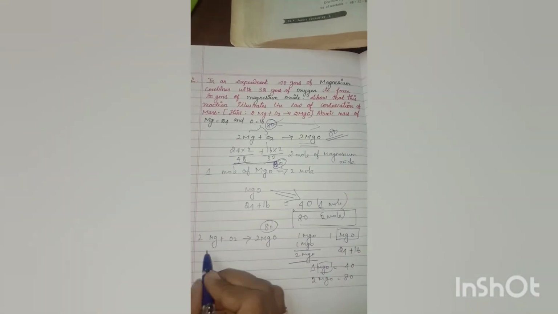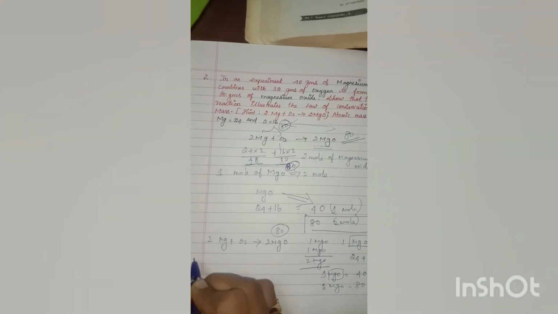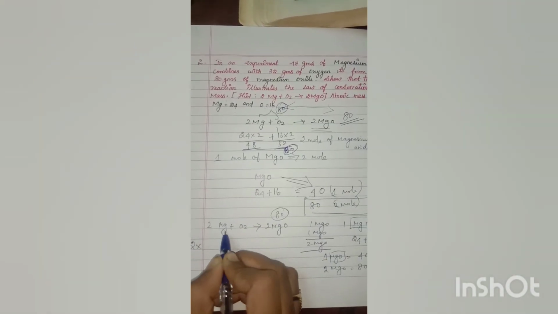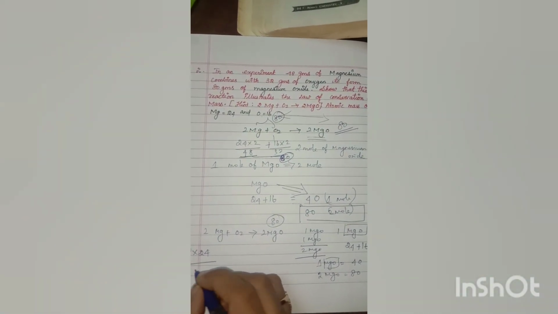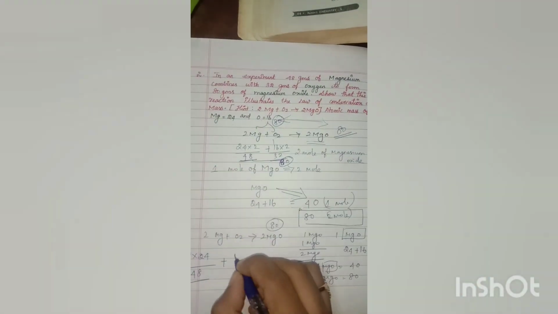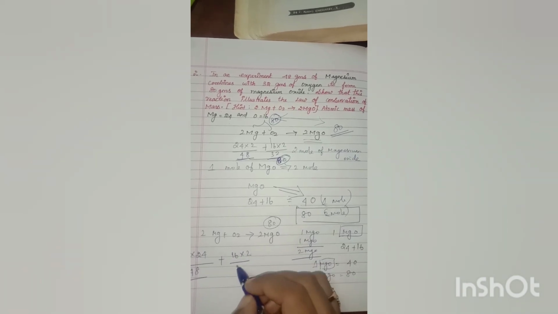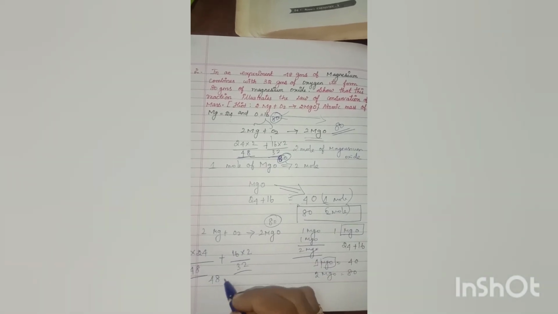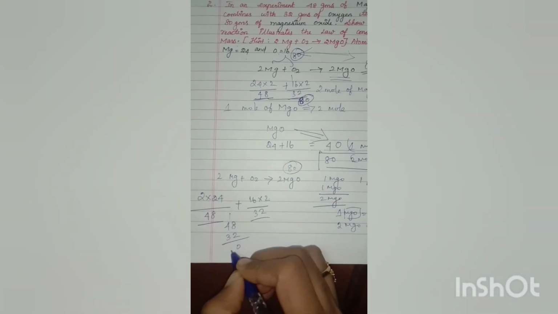Here how do we calculate? As usual, the Mg value, before this 2 is present. So put 2 into the magnesium value they have given, 24. So we got 48 plus the oxygen value 16, here 2 is present, so 2. Now multiply this, we got 32. Now add this, 48 plus 32, we got 80.